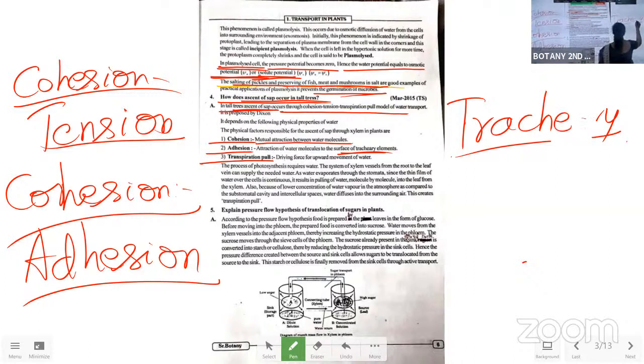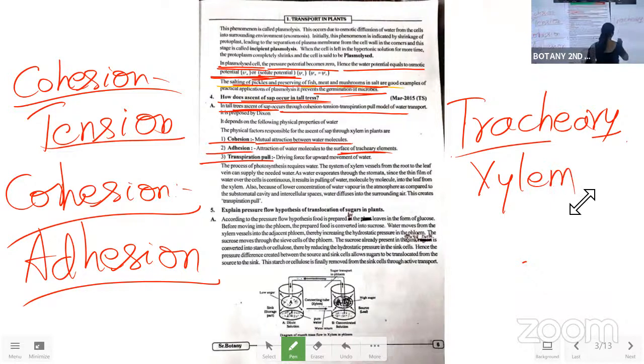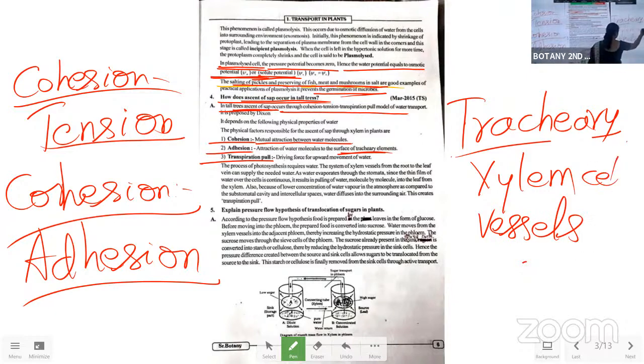If you don't know this spelling, then you can also write in a simpler manner as xylem vessels or xylem cells. Very simple.